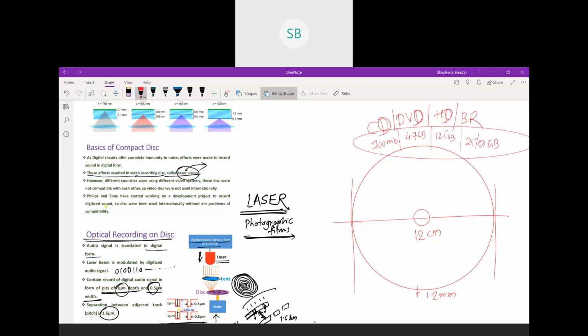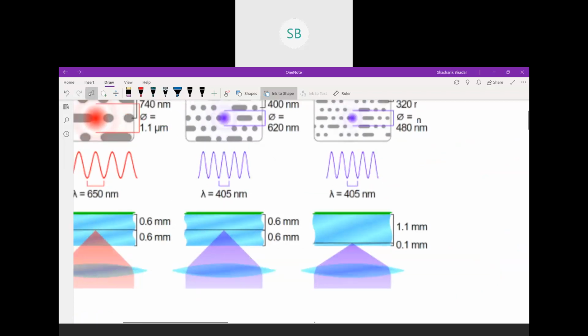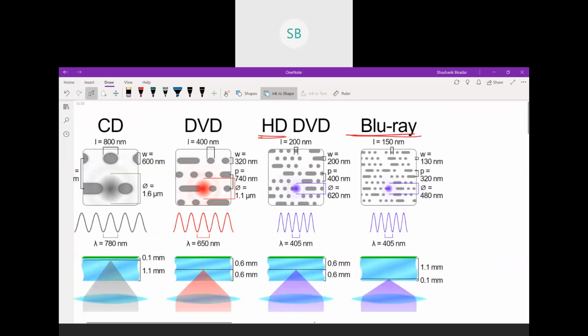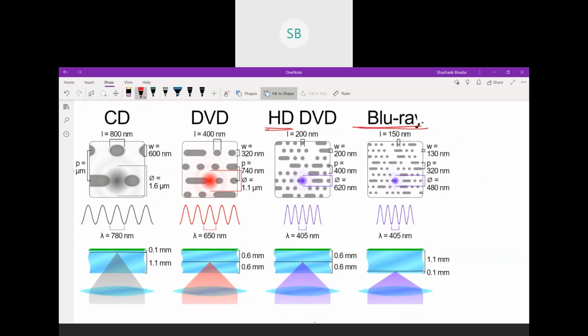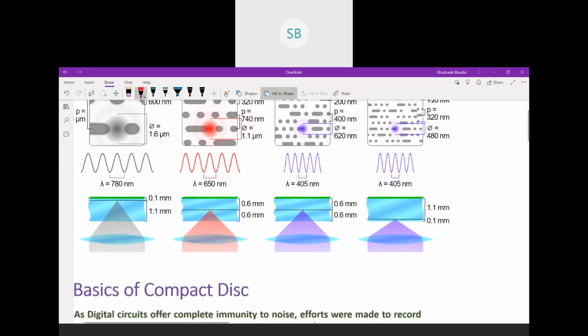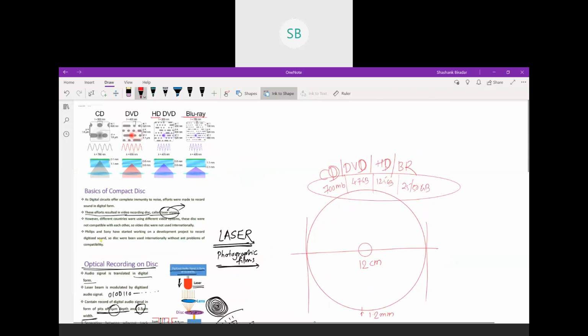If you focus on this diagram, you can find out in what sense we are writing the data on the disk. Consider two tracks on the disk. I'll consider this track and this track.